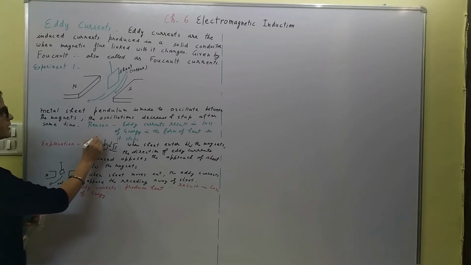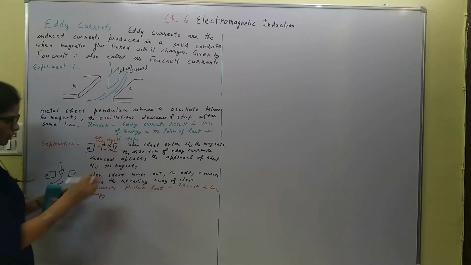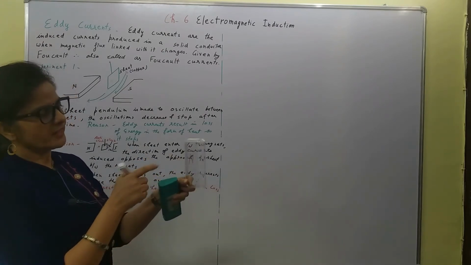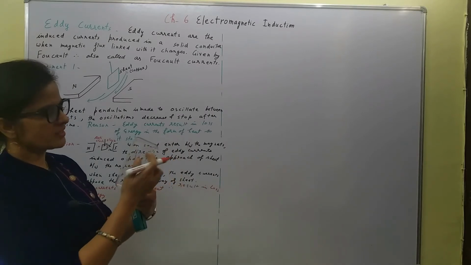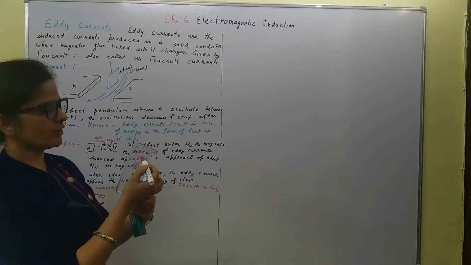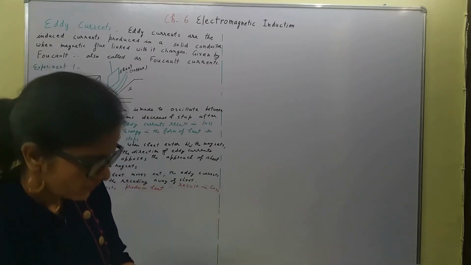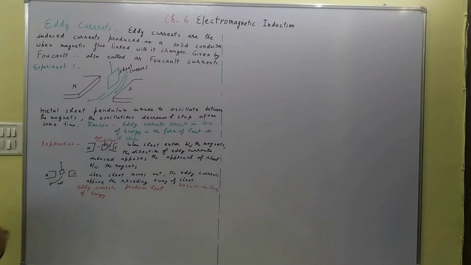That means here anti-clockwise current must flow, and here on this side clockwise current must flow. So similarly we can explain for the outgoing case also.